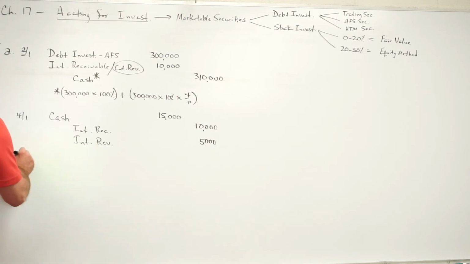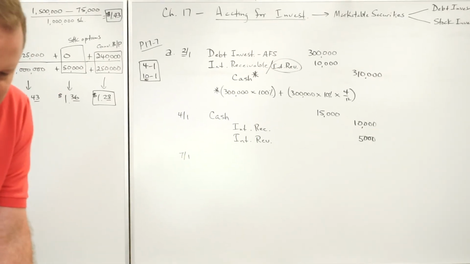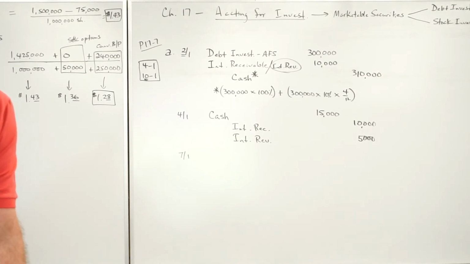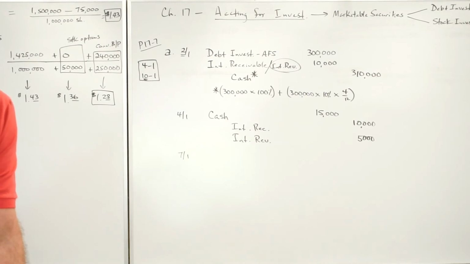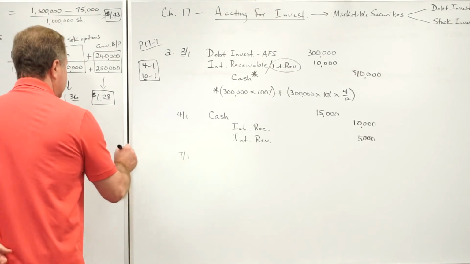Okay. On July 1, 9% bonds of Samson Inc. were purchased. The bonds have a par value of 200,000 and were purchased at 100 plus accrued interest. Interest dates are June 1 and December 1.